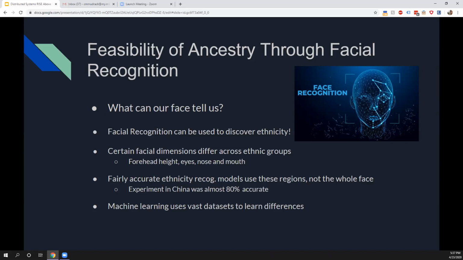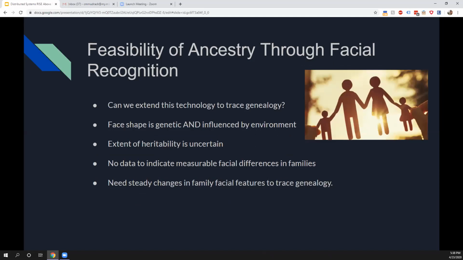Those models scan the whole face and then compare those, whereas ethnicity recognition had to kind of develop into scanning certain regions of the face and focusing specifically on those. And once that switch was made, they became much more accurate. So these machines use those specific regions and use vast data sets of information and facial scans to learn the differences between ethnicities so that they become accurate when you put in a facial scan.